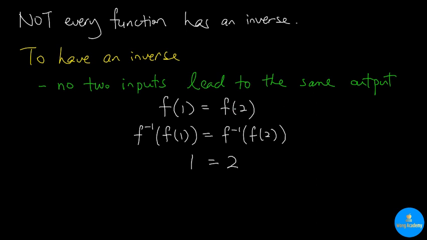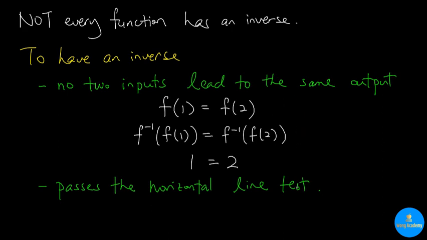An equivalent condition, but a more visual way of saying this, is that the graph passes the horizontal line test. The horizontal line test says that if every horizontal line passes through the graph at most once, then this function has an inverse.